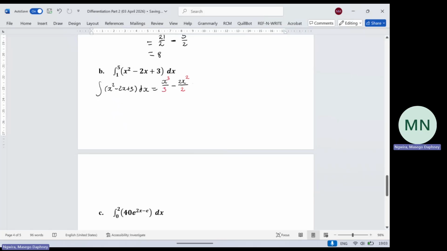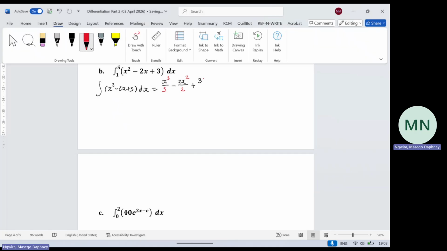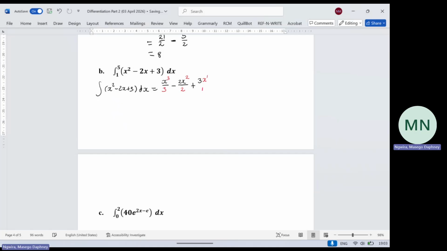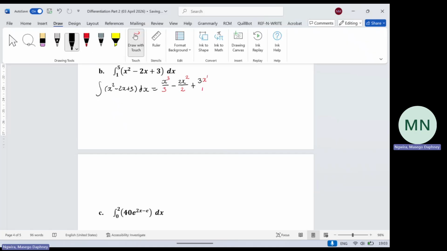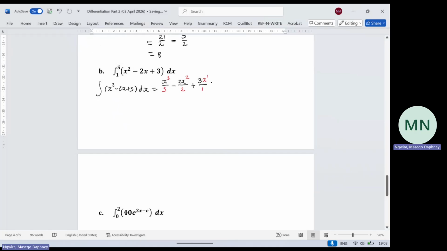And then plus 3x, remember this is 3x to the power of 1 over 1. There's no need to write over 1. I'm just doing it. And then this is plus c. We're going to ignore the c when we evaluate, when we substitute those 2 points, 5 and 1. So now we are fine with the integral.